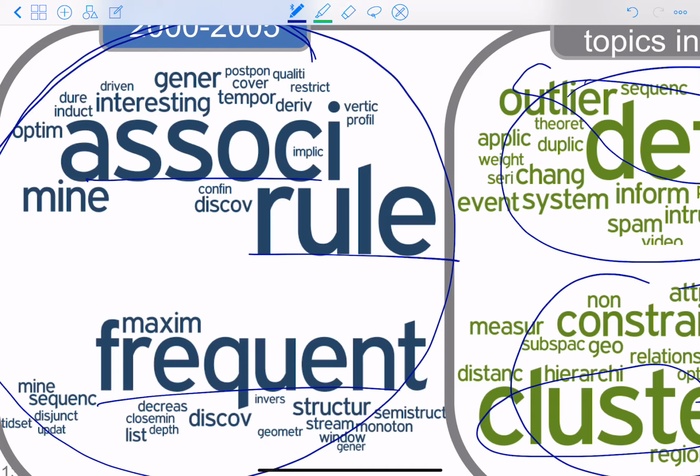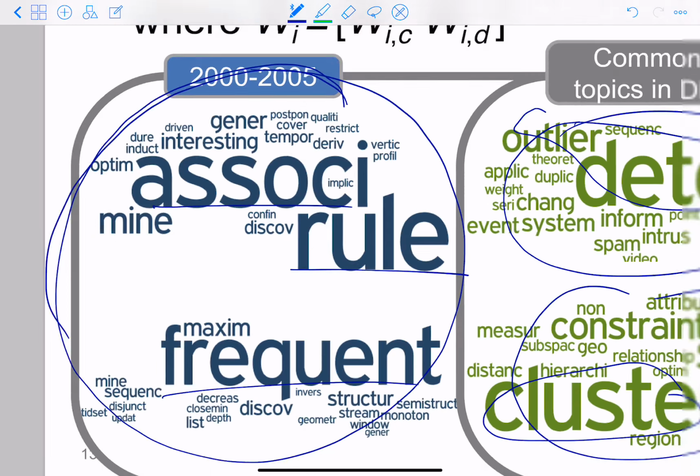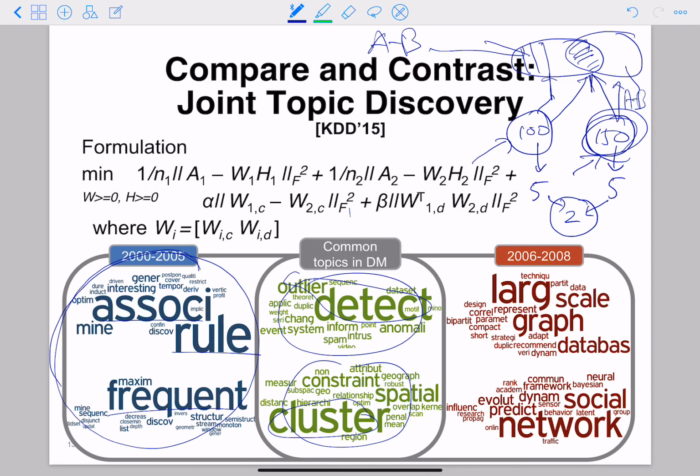Those topics are more dominant, only appearing in the earlier papers, and more recently social network and the large scale graph and the database, and these are more recent topics. So the paper title is something like this: compare and contrast between the two sets of documents. And so it is like joint topic discovery.